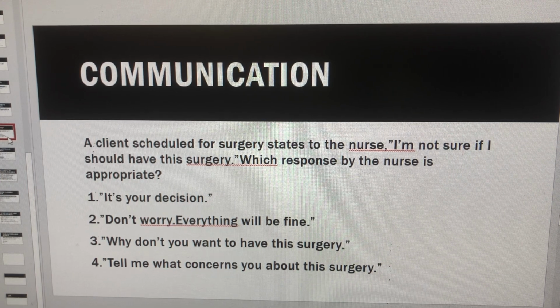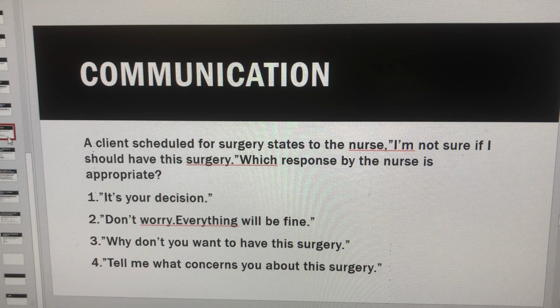Use therapeutic communication techniques to answer communication questions and remember to focus on the client's thoughts, feelings, concerns, anxieties, and fears. The correct option is the only one that addresses the client's concern. Additionally, asking the client about what specific concerns he or she has about the surgery will allow for further decisions in the treatment process to be made.